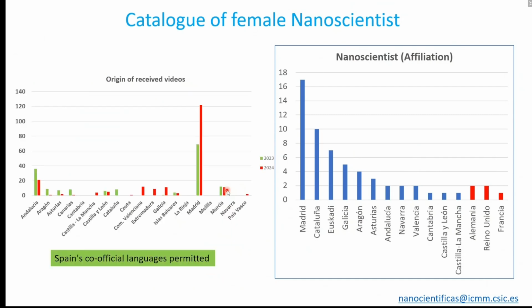We have received videos from students from different places. A huge number of them are from Madrid. Let me say that in the last edition it was allowed to use co-official languages.